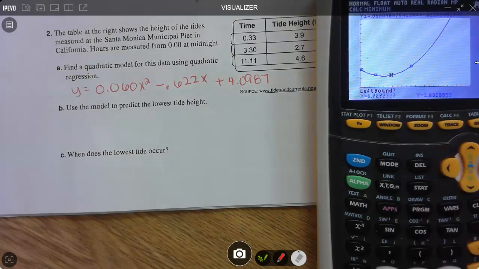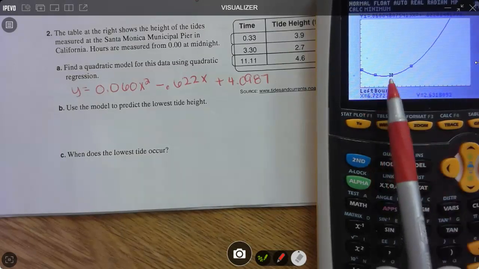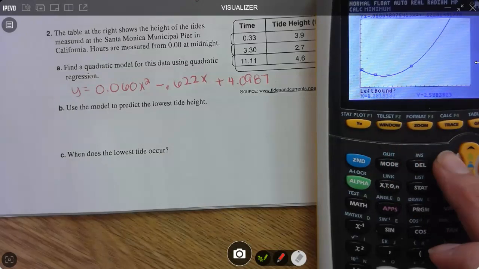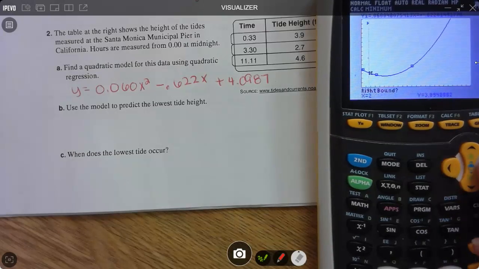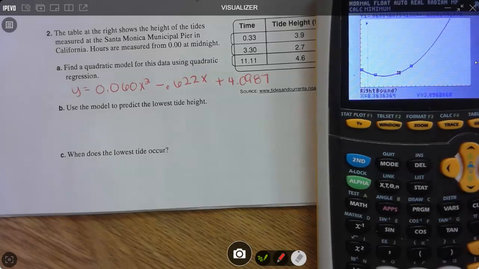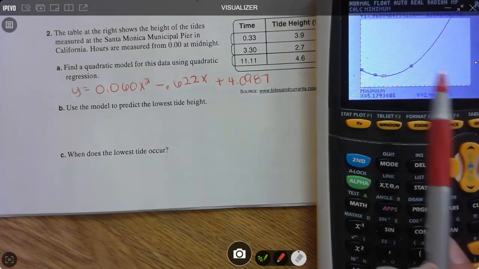Again, you have to be for the left bound to the left of the min. Enter. For the right bound, I need to be to the right of the min. Enter. The guess doesn't matter. You can leave it on your bound. You don't actually have to move the cursor to guess.